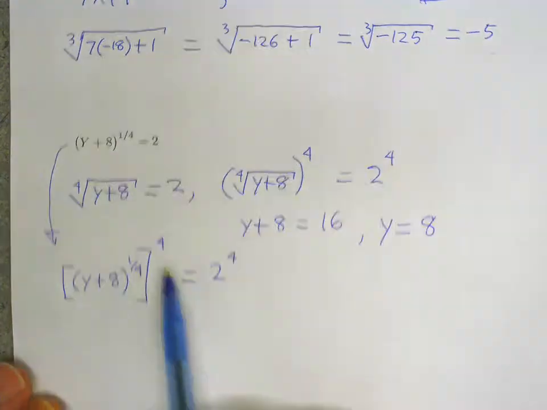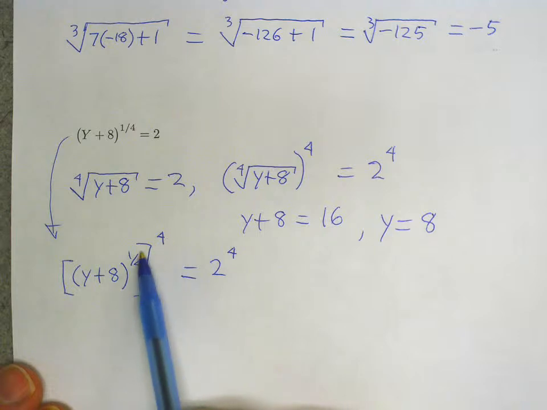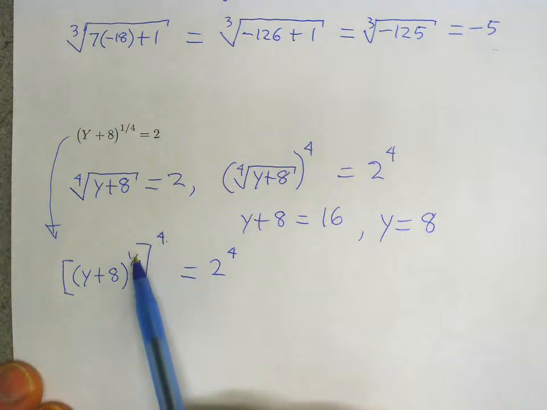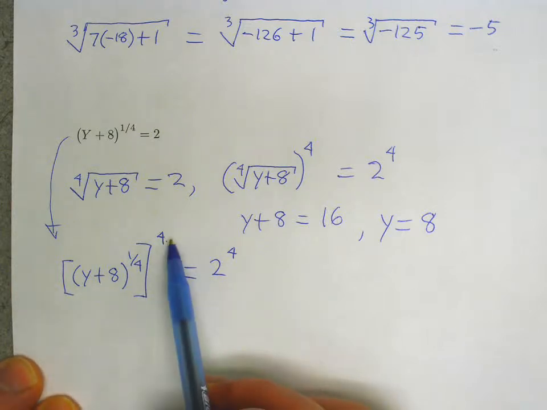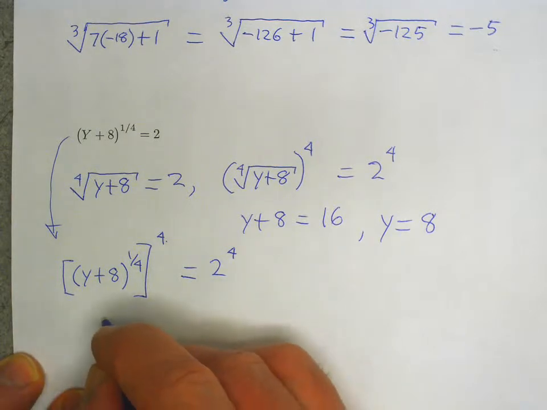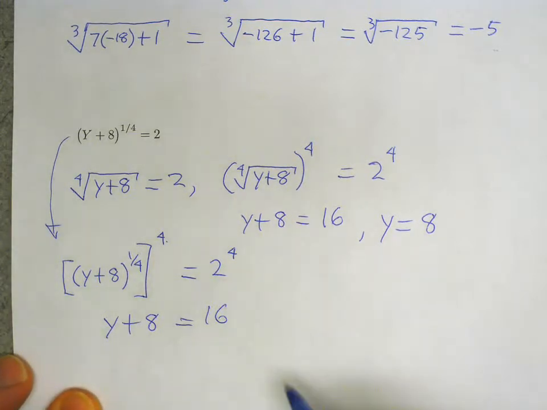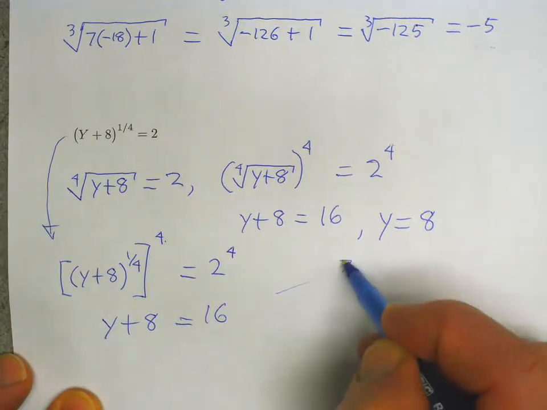And then one of those properties of exponents that we've had a chance to review recently, we multiply the exponent 4 times the exponent 1/4. 4 times 1/4 is 1, and so we get y + 8 equals 16, and we get the same result.